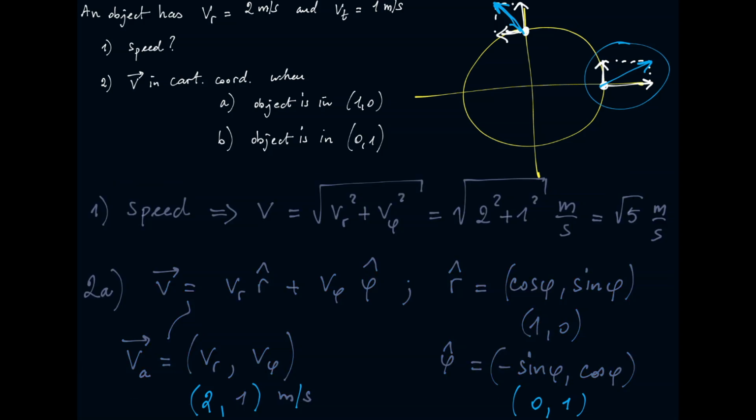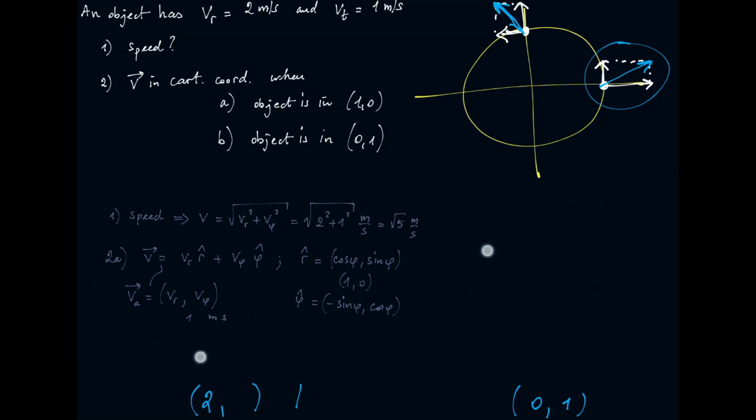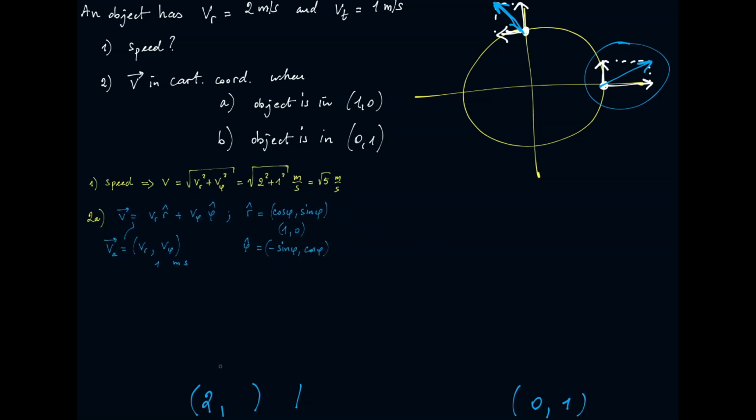If we work out 2b very quickly, oh, I forgot to shrink some of this. Well, it's close enough. And this one here is this.